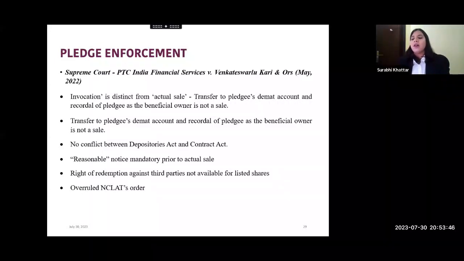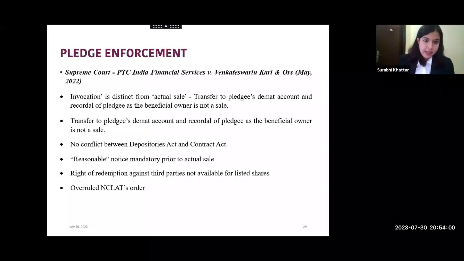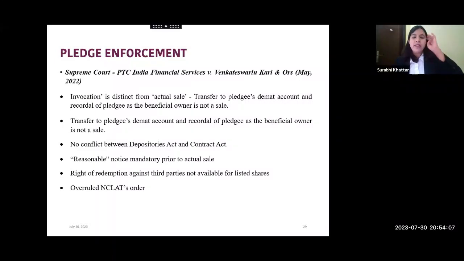Now, when the beneficial owner is changed, the corporate debtors used to argue that sale is equivalent to change of beneficial owner, in spite of the fact that the lenders may not have actually sold the shares or recovered any money thereof. But because the term used in the depository records is beneficial owner, as per the Depositories Act and Depositories Regulations, that was the argument that corporate debtors used to raise.